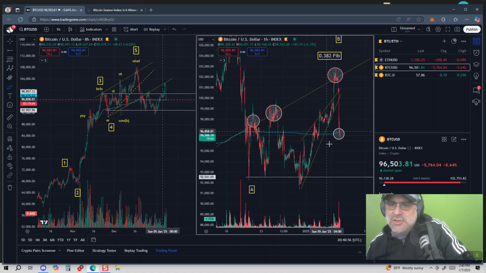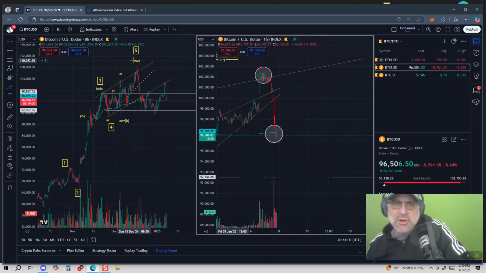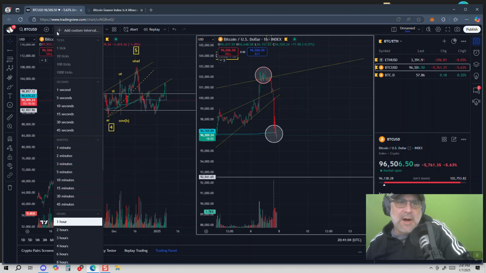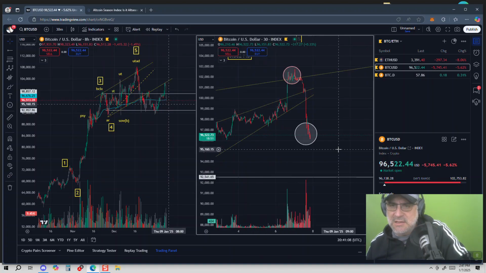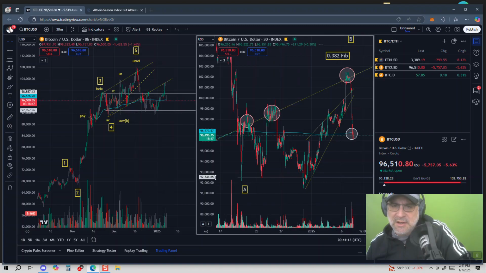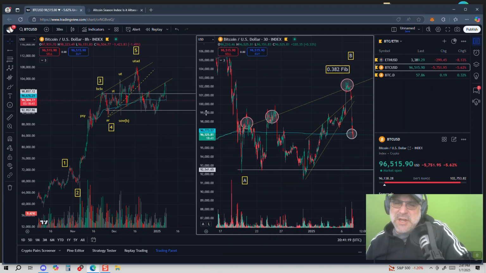We are back there now, and where I put this white circle is where we are now, contending for this. I suppose that we're going to not make it, and we're going back down to the trading range support line of this A zone, which is 92,000 thereabouts. I don't think we'll hold there.